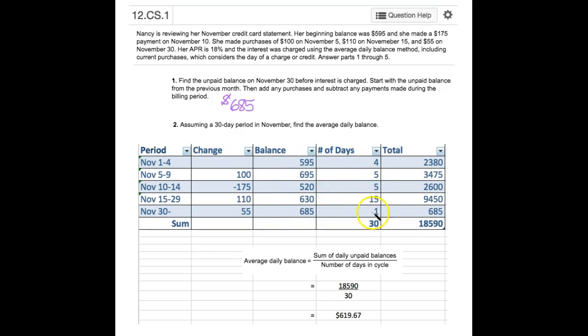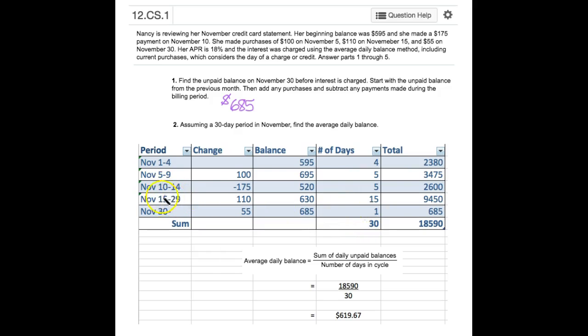In this column, what I've shown is the number of days that had this balance. So there were 4 days in November that had the balance of $595. There were 5 days that had a balance of $695, and then 5 days that had a balance of $520, and so on, for a total of 30 days in November.